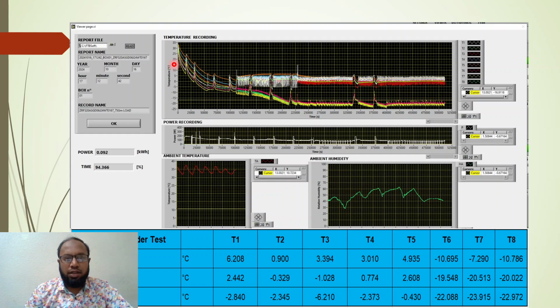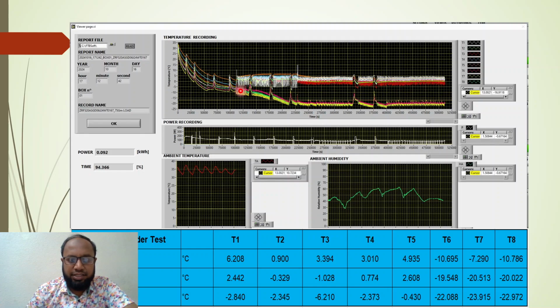As you can see from here, the ambient temperature is 35 degrees, and the refrigerator temperature is falling after the compressor runs. As time increases, the refrigerator chamber temperature comes down, comes down, and in this position we can see the refrigerator performance is good.